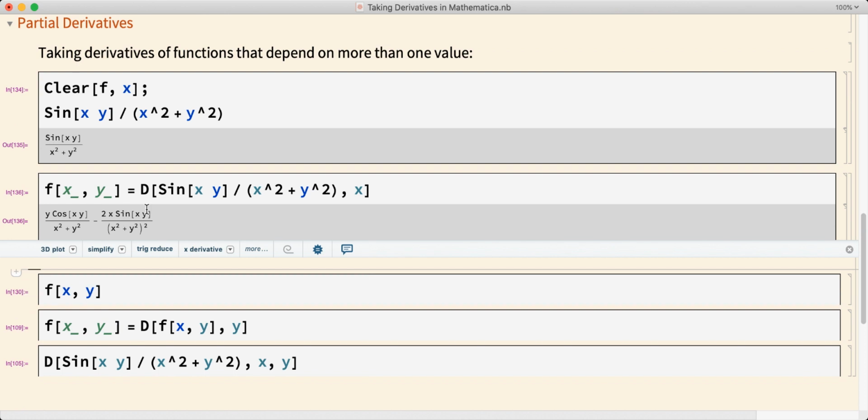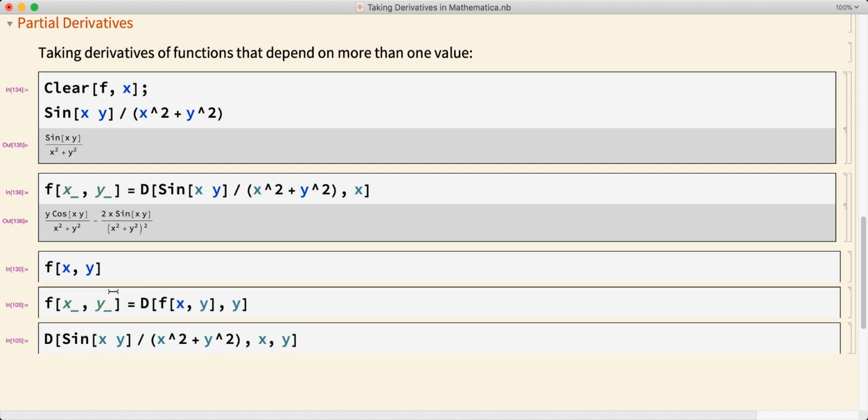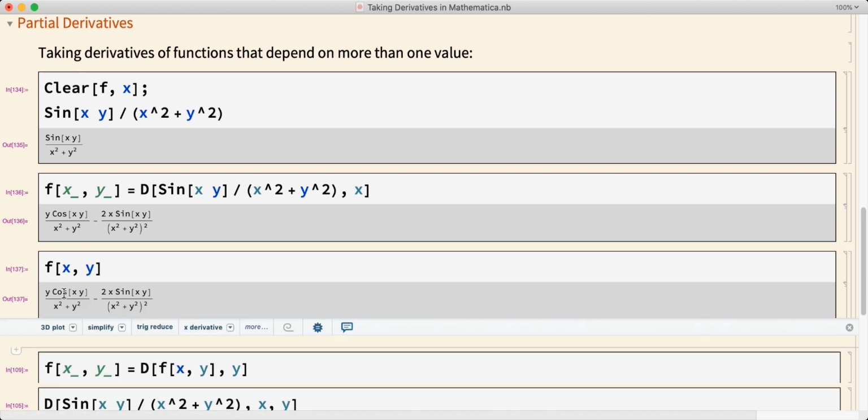If you look carefully at what this is relative to this, you can see that what happened was we took the derivative of that function with respect to x only. And again, this one being doable by hand, but a little bit tricky. And again, I've saved that function as f. And so now if I wanted to use this and maybe put in values for x and y, I could, or if I could use it to plot or something like that, it's stored.